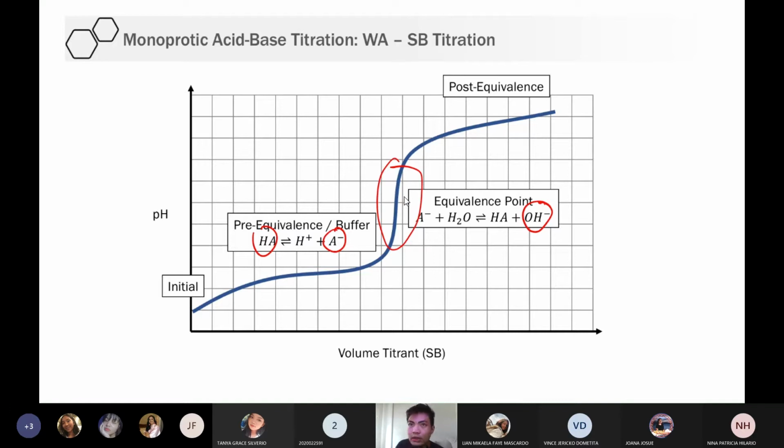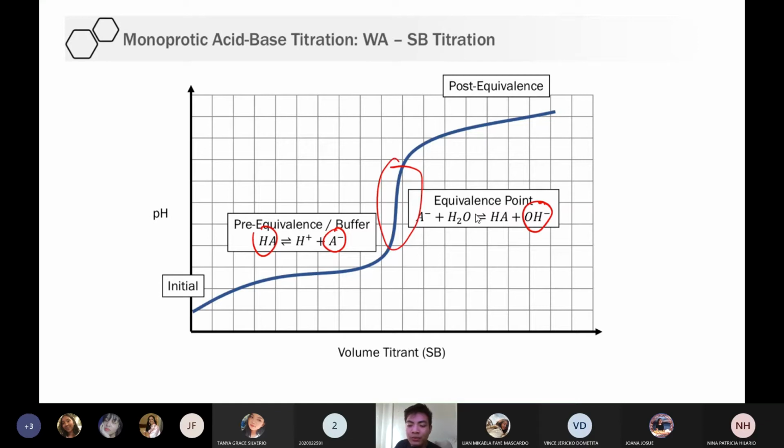Also, take note, no? Kung ang strong acid, strong base, ang equivalence point niya ay 7. Pag tayo ay nasa weak acid, strong base, ano yung equivalence point natin sa tingin nyo? Based on the knowledge of these species present, ano sa tingin nyo yung magiging pH ng equivalence point?